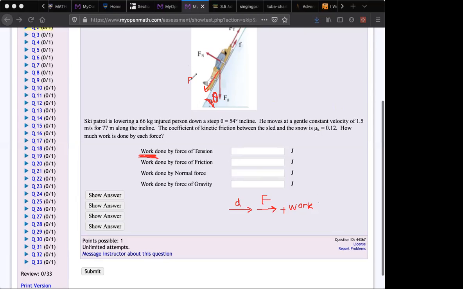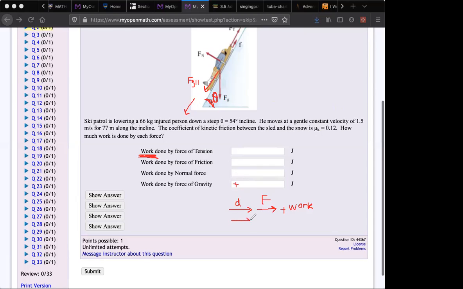This will be force gravity parallel. And I'm going to try to draw it very carefully. So force gravity parallel is pointing this way and the displacement is this way. And so that tells us that the work done by gravity must be a positive work. So I'm going to put the positive there, and then we won't have to worry about the angle anymore.